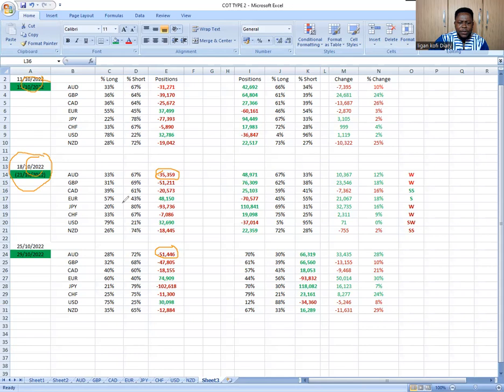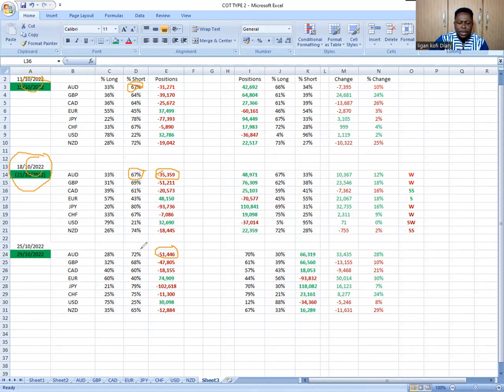But if you look at the difference here, between last 2 weeks, the percentage of those traders who were short, bearish, was 67. And then the following week, which was last week, it remained there, the same 67. And this is why we didn't see much bearishness, that is the English I want to use, bearishness, from AUD, because between last 2 weeks and last week, the percentage remained the same.